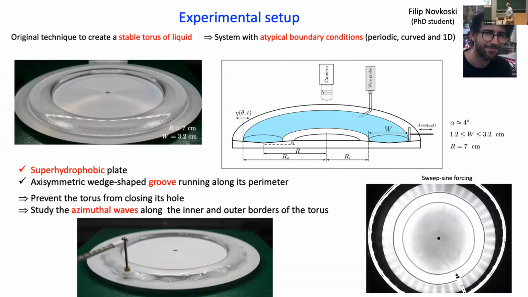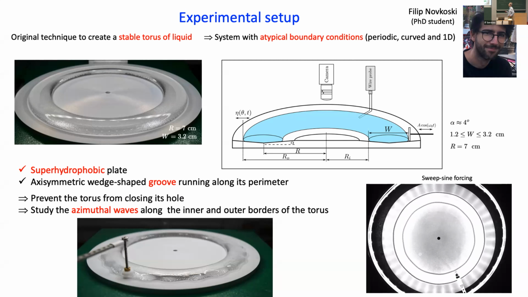We can use superhydrophobic plates. I will try to do the experiment at the end of the talk with the help of Nathan. So we use this kind of plate and we render it superhydrophobic, that is to say, the contact angle between the liquid and the plate is 160 degrees or more.